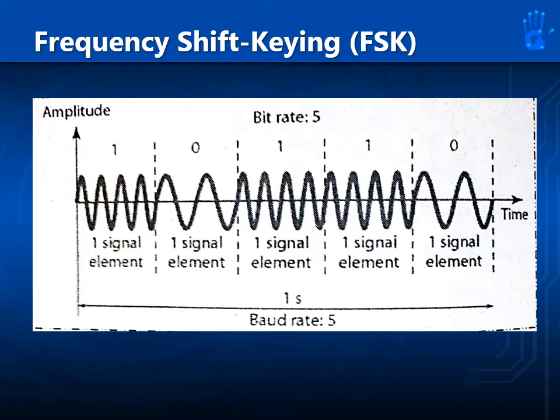In here, there are two frequencies. When the bit is 1, a high frequency waveform occurs, but when the bit is 0, the waveform becomes low in frequency.